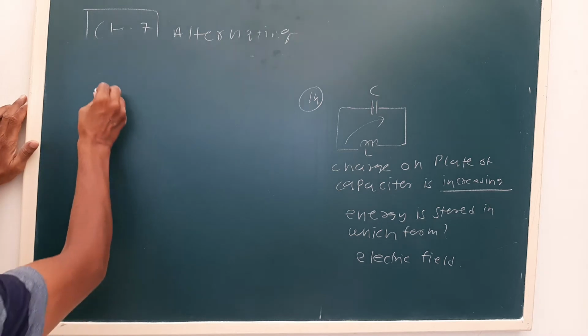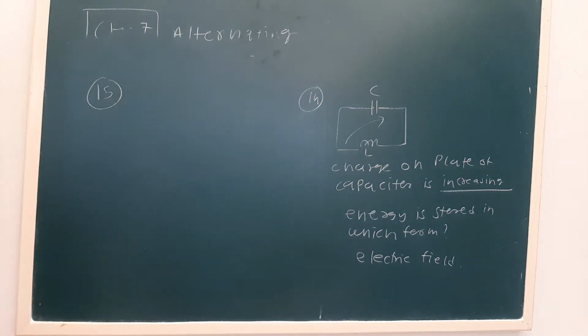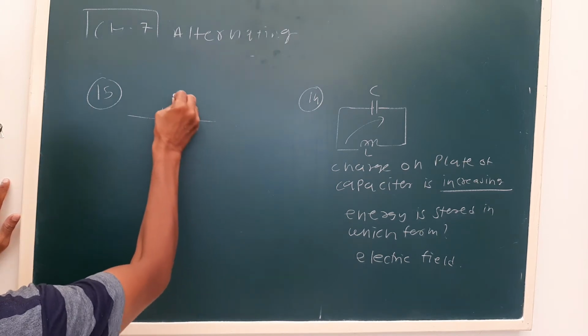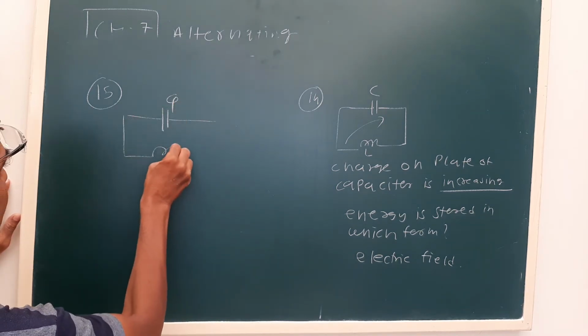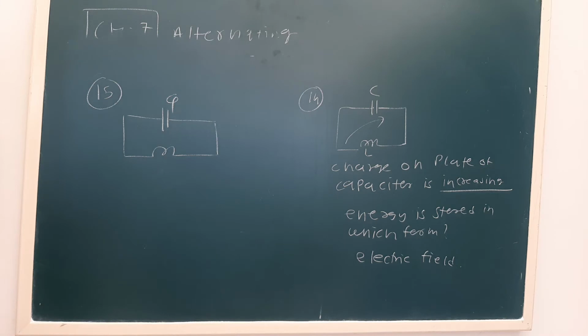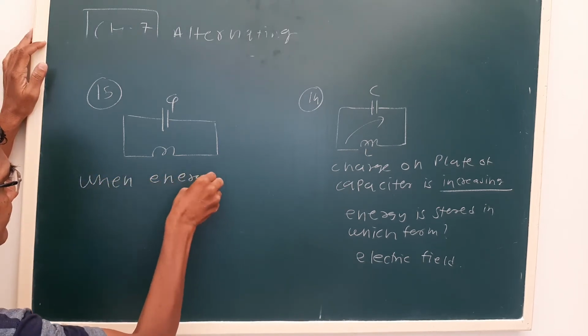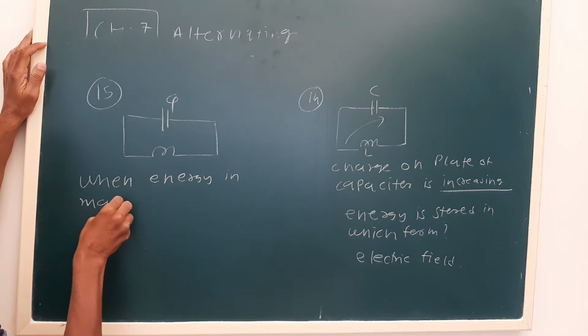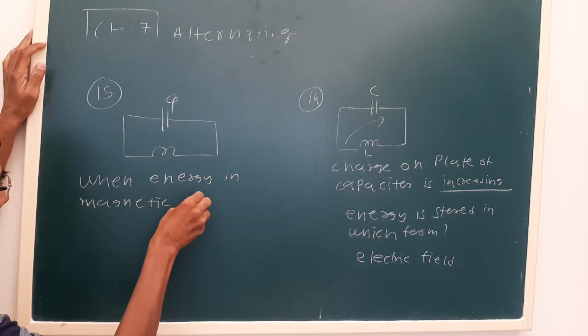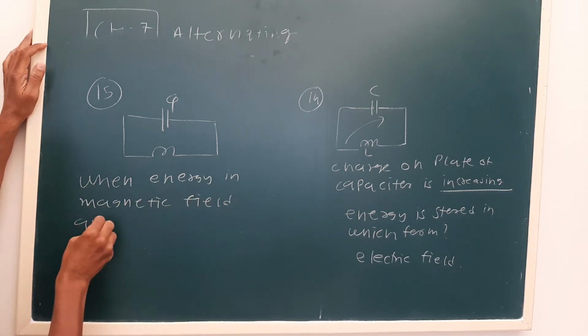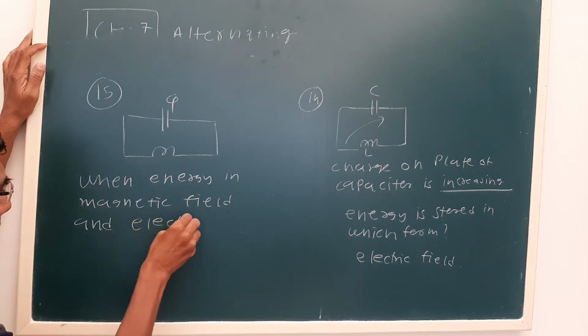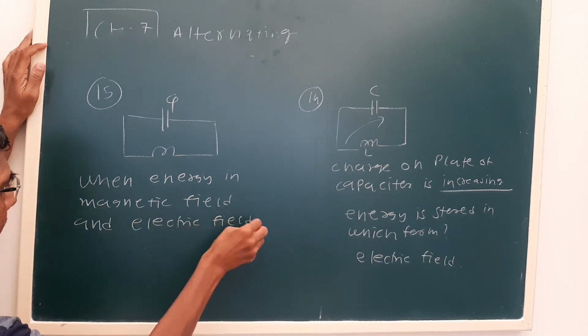Okay, this one is interesting. Now in LC oscillating circuit, the maximum value of the charge is Q. Now when magnetic field and electric field energy is equal.